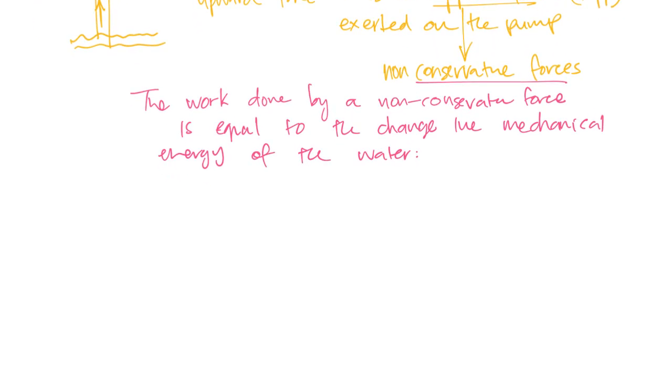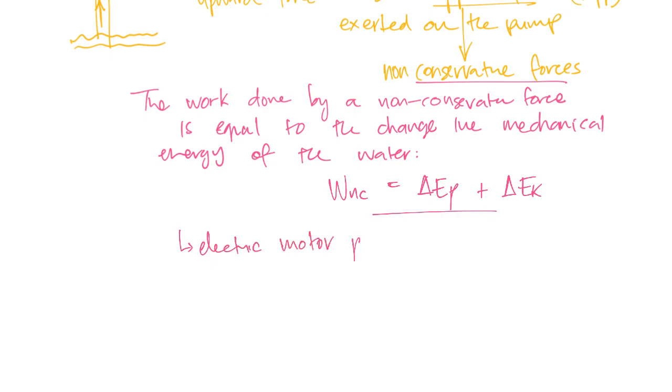Okay. Essentially, it means that I can use work non-conservative is equal to the change in EP plus the change in EK if I wanted. So I also know that electric motors pump water at a constant, this is important, at a constant rate.